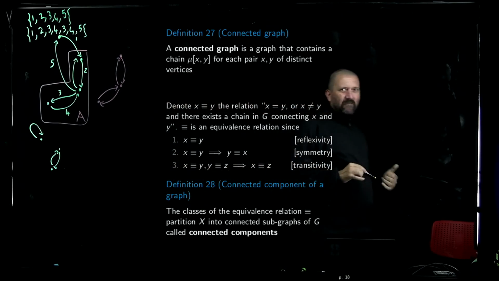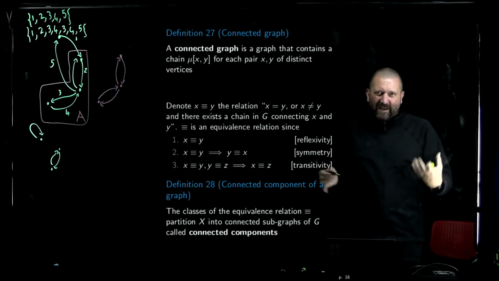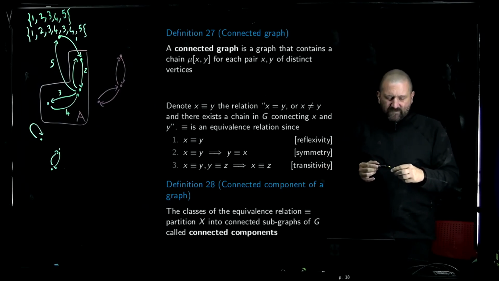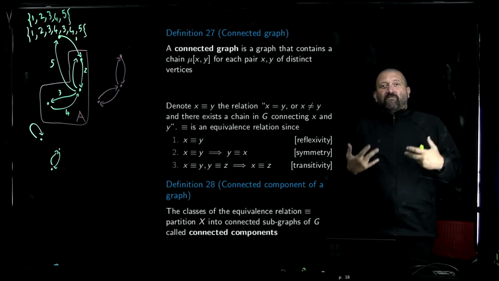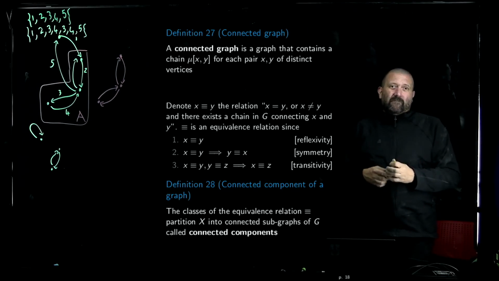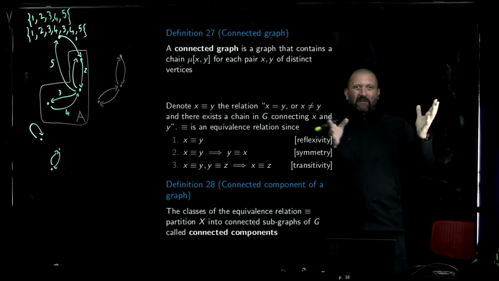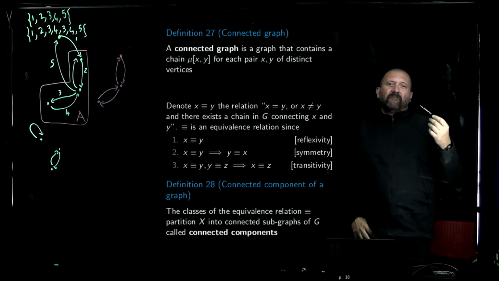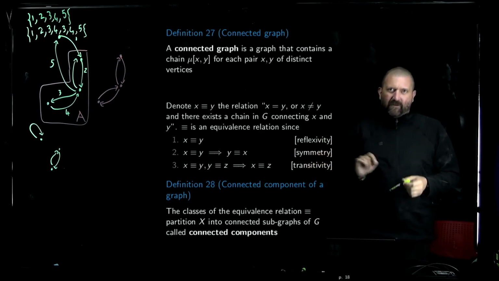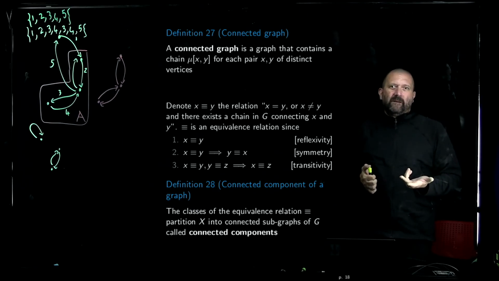And actually what's very interesting is that graph connection defines what's called an equivalence relation. An equivalence relation is what's called a binary relation, which connects elements, and it has the three properties listed here: reflexivity, symmetry, and transitivity.